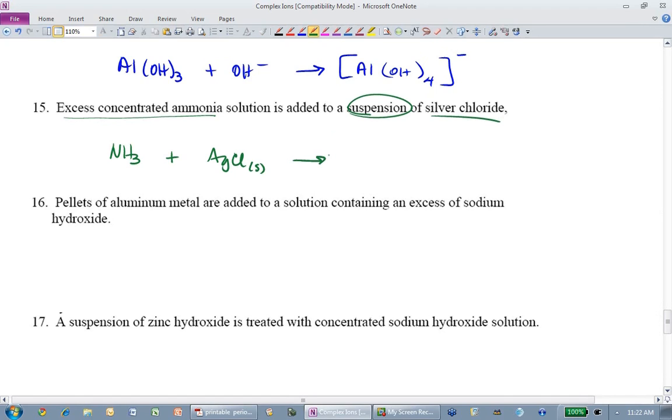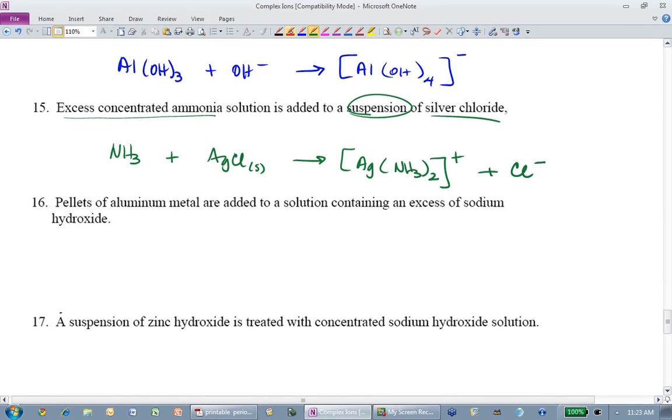It's going to complex the silver ion into this, which I have to do more steps to really get my silver ion back out. I should speak that properly. I'm going to complex it, which is going to get rid of my silver chloride precipitate and get it back into solution in this form. And then I think before we're done, we'll see the next step of this process where I really do get my silver ion out.